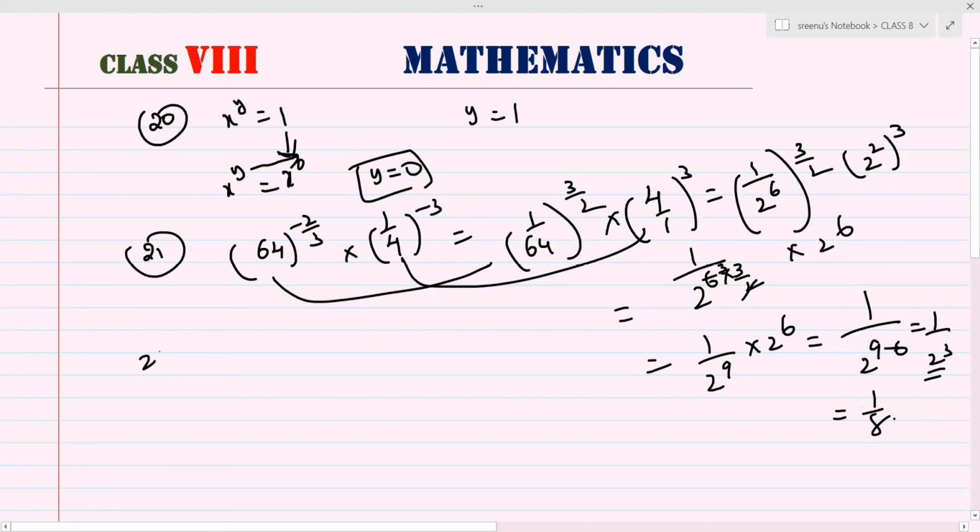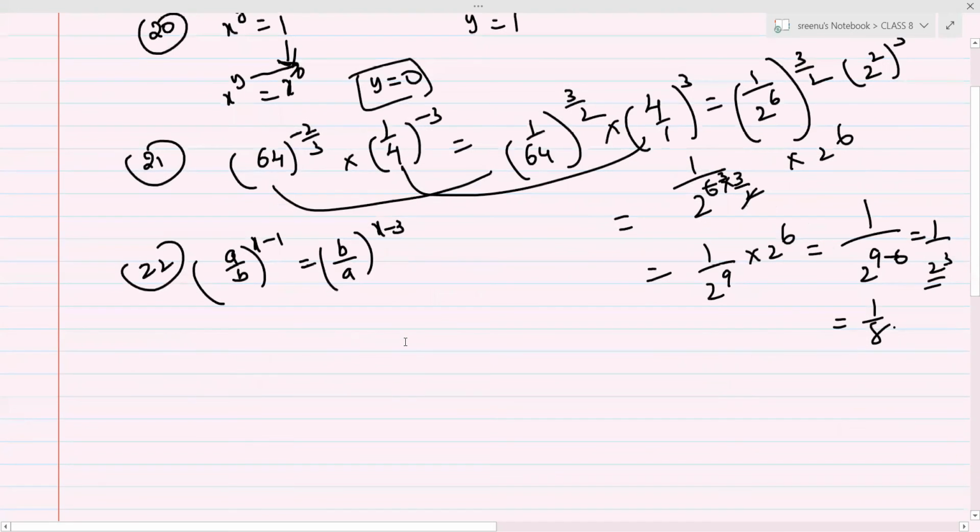Okay. 22nd: a by b whole power x minus 1, b by a power x minus 3. Asked to find x value. Any idea, sir? If you have any idea, just tell me. No. So we want bases equal.